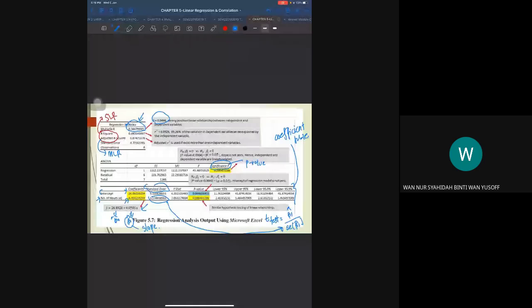And the first one here we have the standard error for the intercept. And then we have the t stat. So t stat is your t-test value. For the linearity test, we use the second one here because it is the t stat for the X. And then we have the p-value.